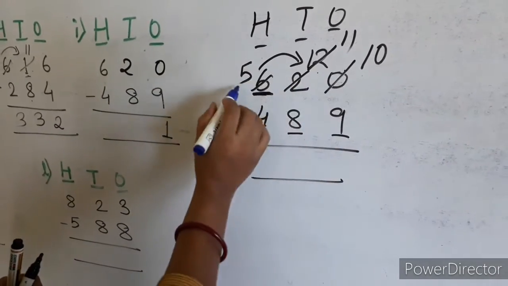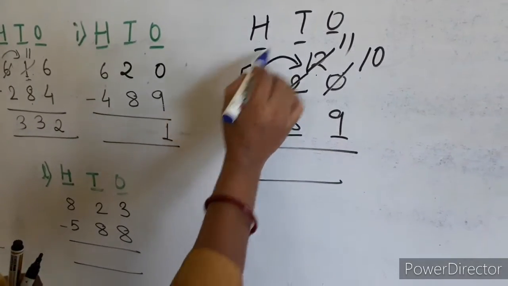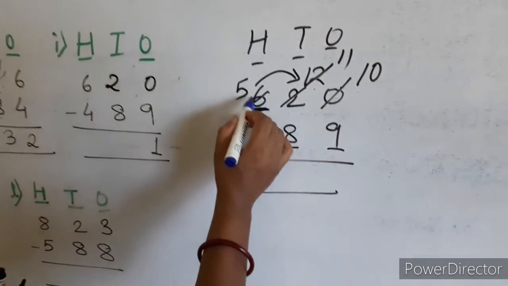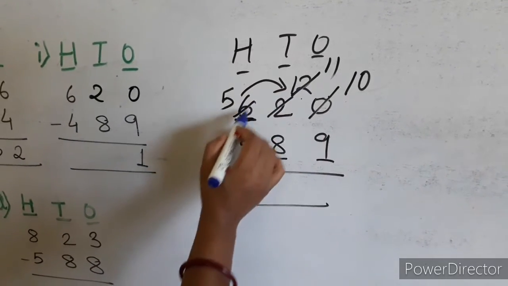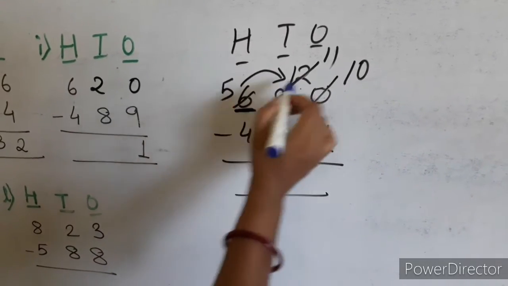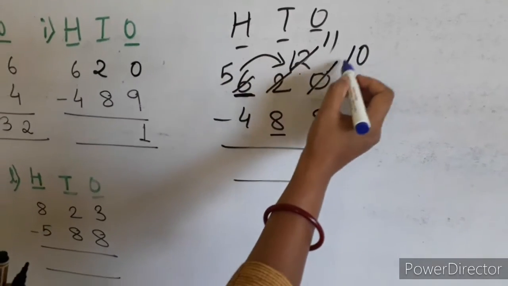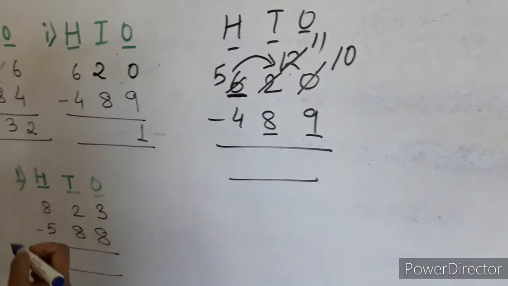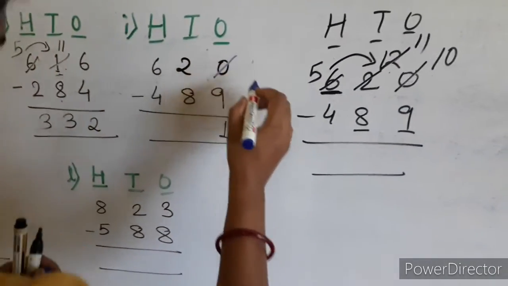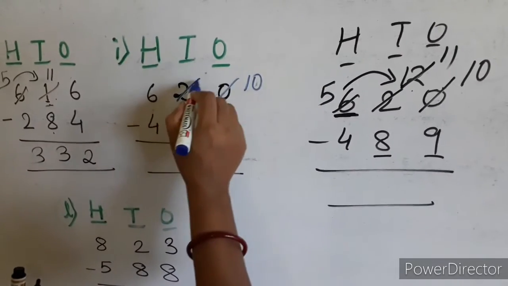That's why in the 100 place we first take the number from here. From the 6 they transfer the tens, then 10 plus 2 will be 12, and this will be 5. After that, from the tens, 10 goes again to the ones place, so it will be 10.